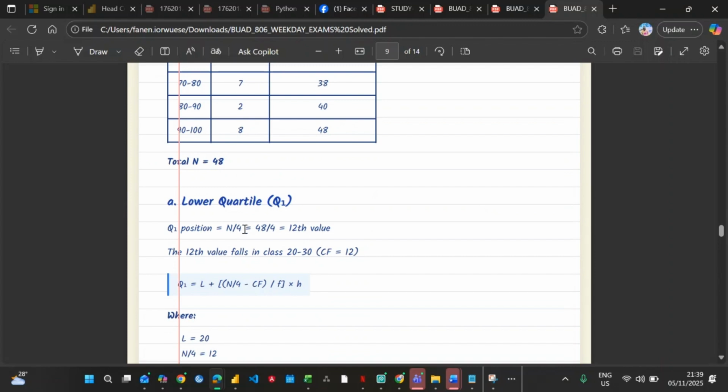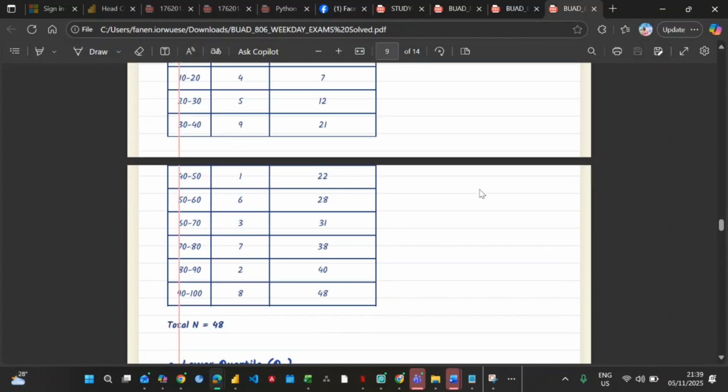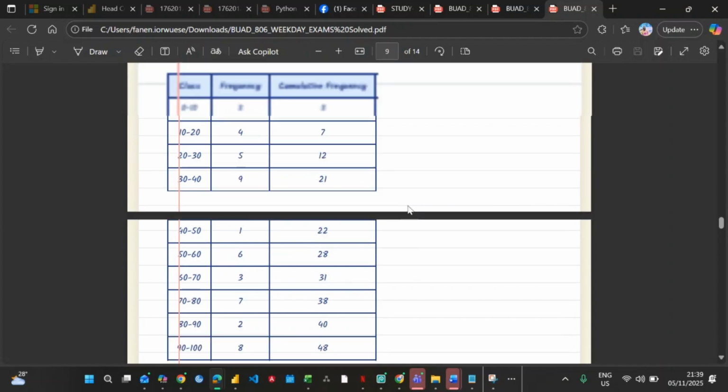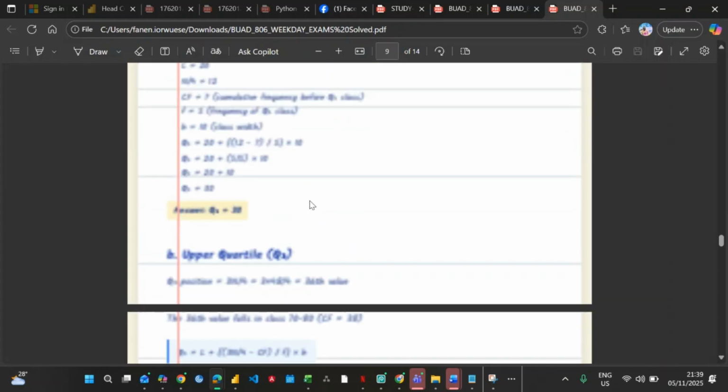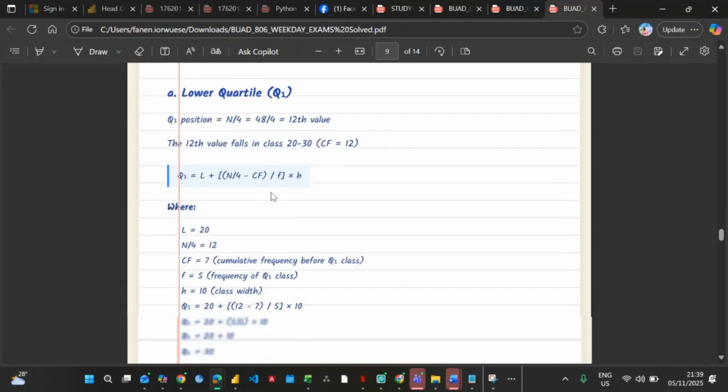For you to find the position where you are going to choose the first quartile, just like the way we did that one, the Q1 position is n divided by 4. This is just a formula. The n is the total number of frequency. So 48 divided by 4 gives you 12. You now find where 12 falls in the cumulative frequency.